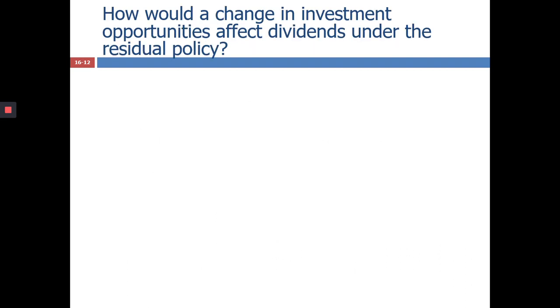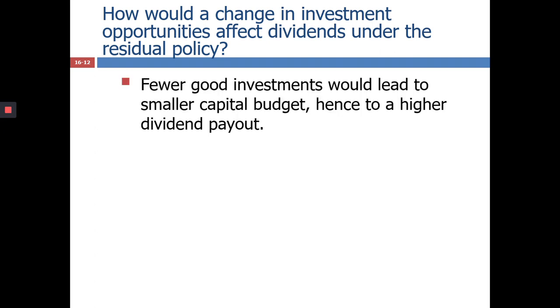How would a change in investment opportunities affect dividends under the residual policy? Alright, so the logic here is, if you have fewer good projects, fewer upcoming projects, then your capital budget will be small.